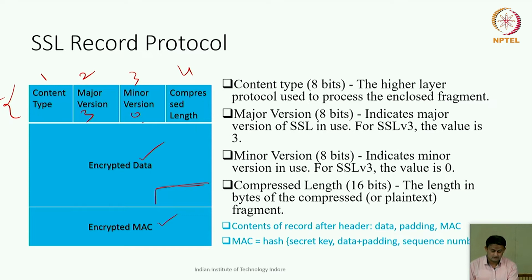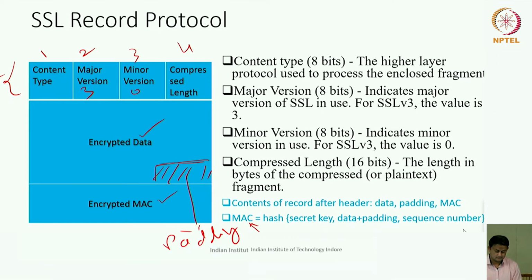So the data all the way from here to here, and this last portion, you can call it the padding. This padding is data that gets added to just make it a multiple of whatever the block cipher requires.